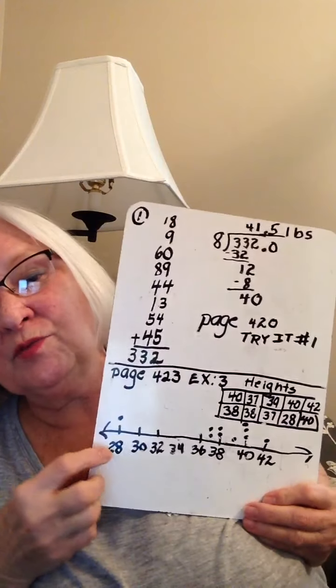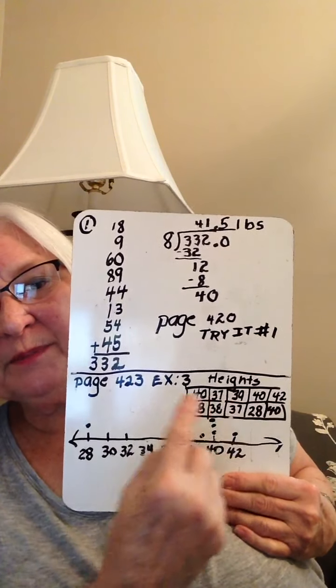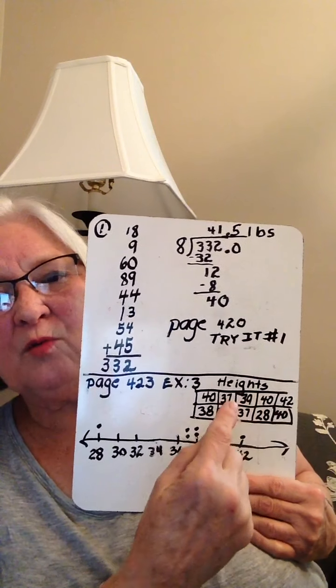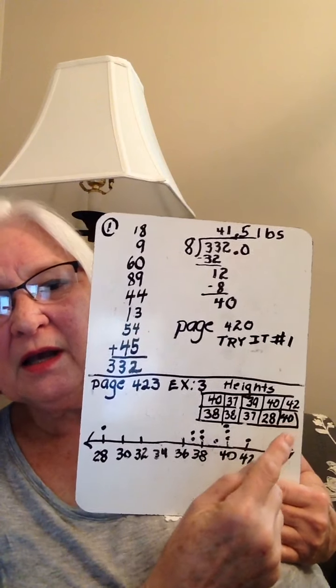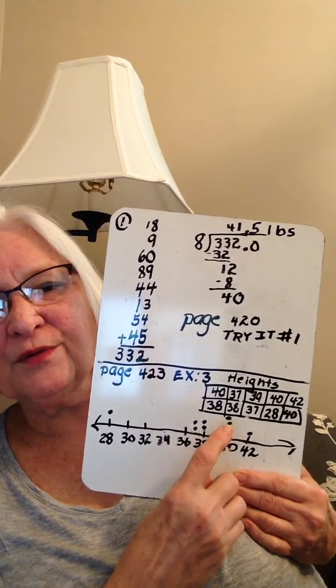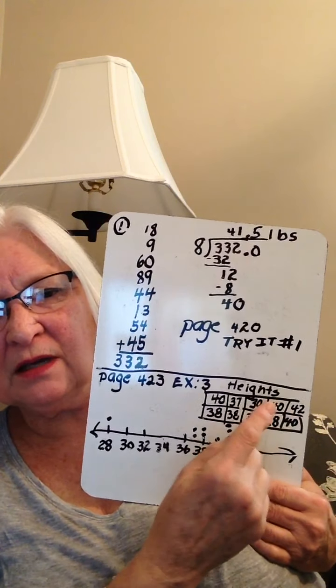Did I count by 2s? Yes. 28 right here. I started up here, and every time I saw one of these numbers, I would put a dot for it. Say, for instance, for 40, there were 3 40s, so I put 3 dots. I just went along and dotted it as I went.